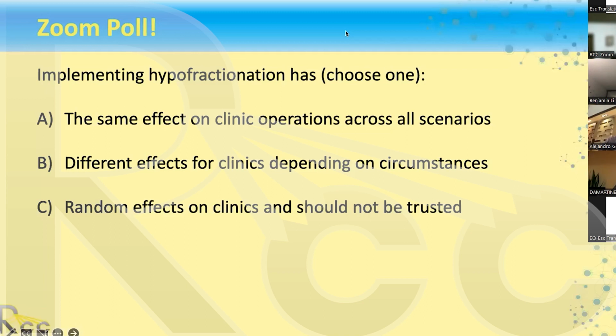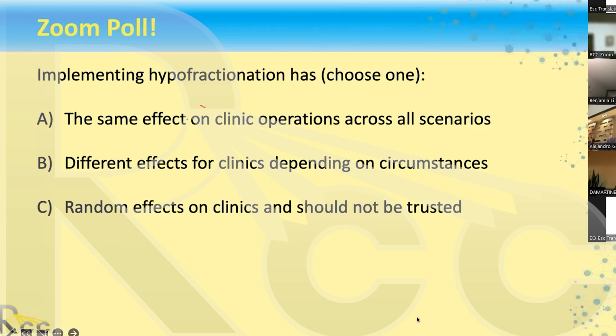And I can see the answers. We have 300. Let's wait a couple more seconds. We're going to 400. I'll give you 5 more seconds. 3, 2, 1. And we are going to share the results.